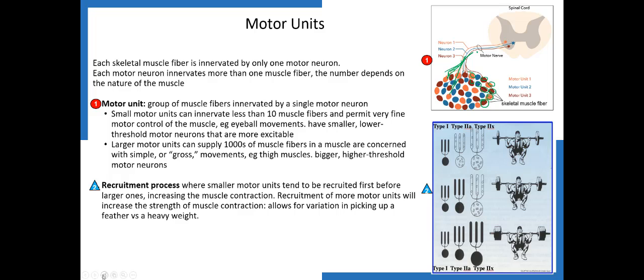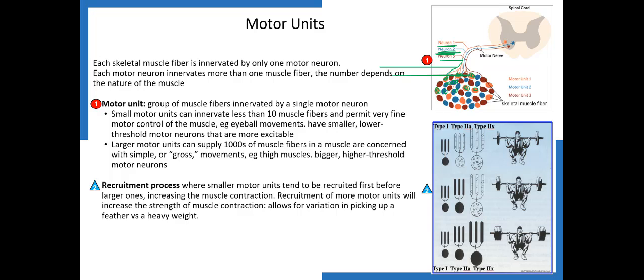But when you look at each motor nerve, if you look at neuron 1 or nerve 1, which is the orange, you can see that this neuron 1 innervates or provides nerve supply to all the orange muscle fibers, right? And then the blue neuron 2 supplies all the blue muscle fibers.